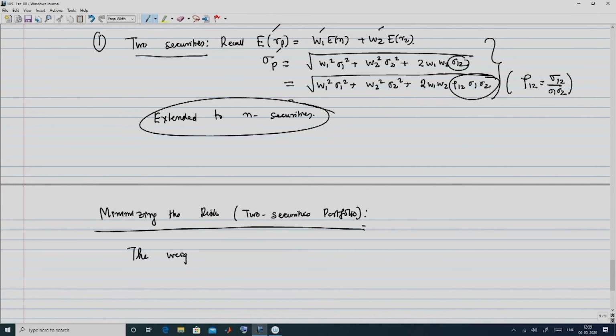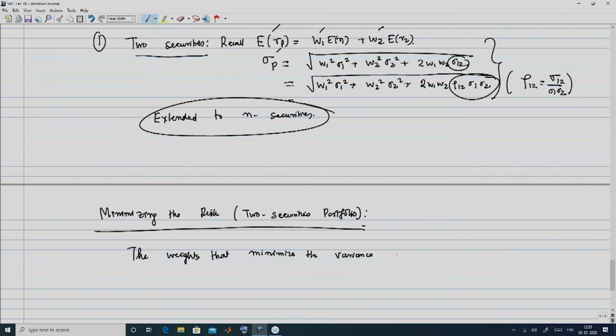So, the weights, because there are two assets, the weights that minimize the variance. Please remember the minimization of the standard deviation is effectively the same as minimization of the variance.